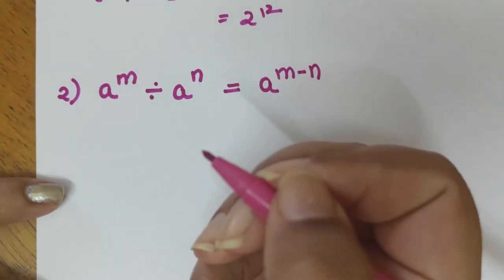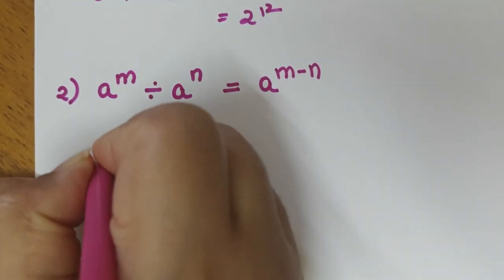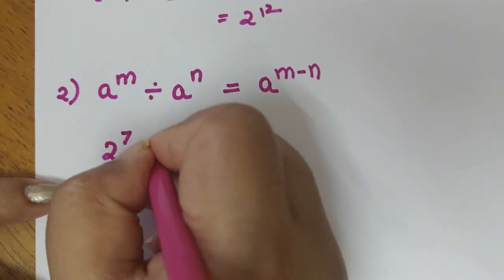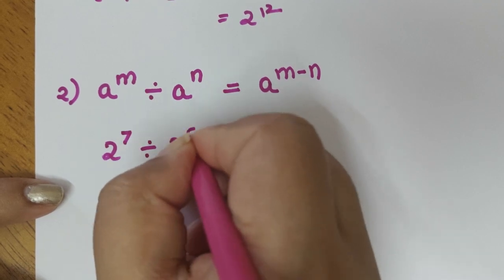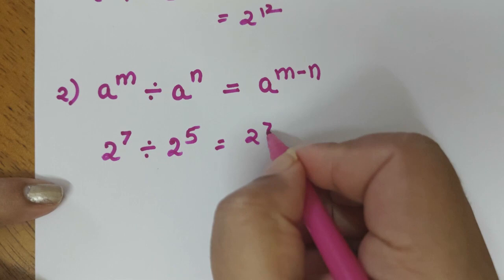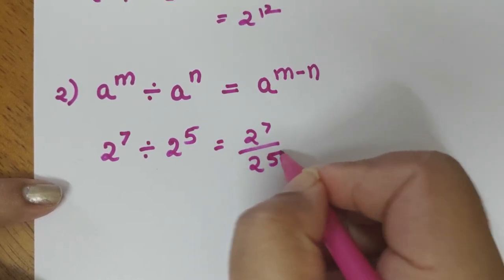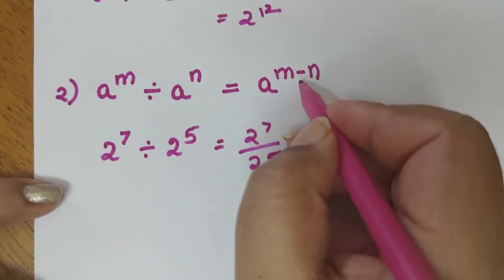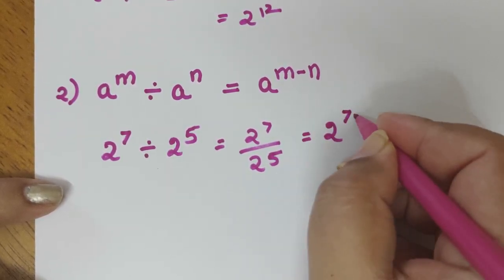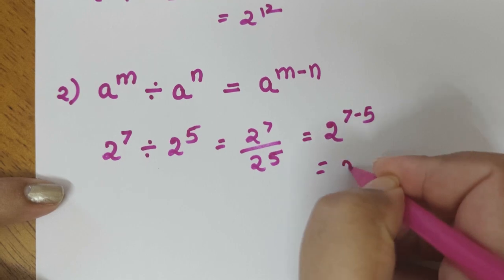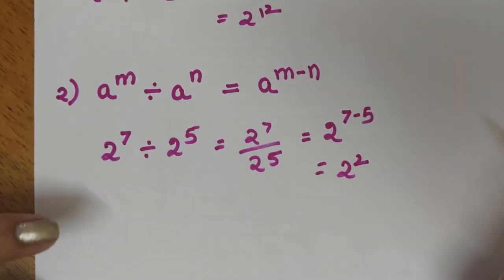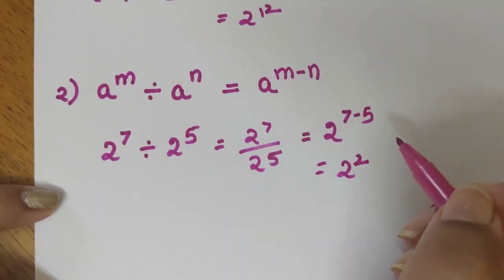What I mean by this is, say I have 2 raised to the power 7 and I want to divide it by 2 raised to the power 5. This can be written as 2 to the power 7 by 2 to the power 5. Applying this principle, it will be 2 to the power 7 minus 5, which is 2 raised to the power 2. I hope this is clear to you.